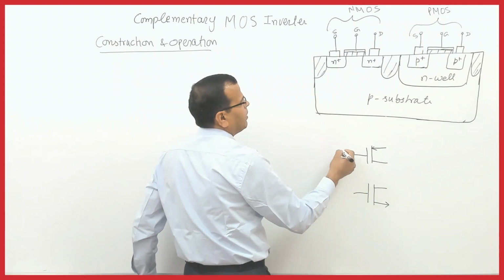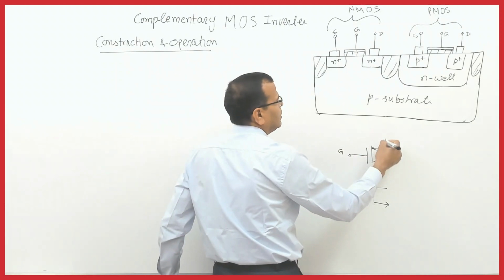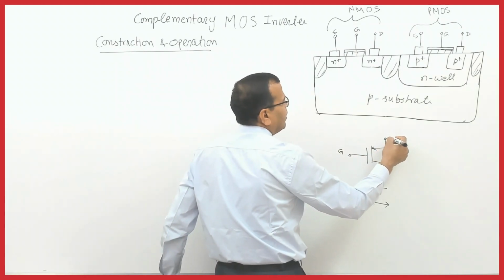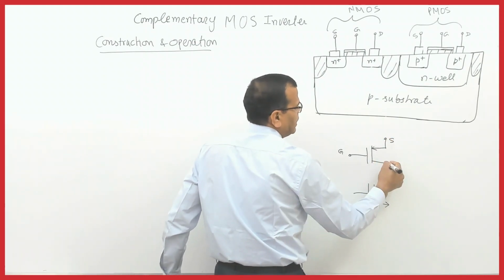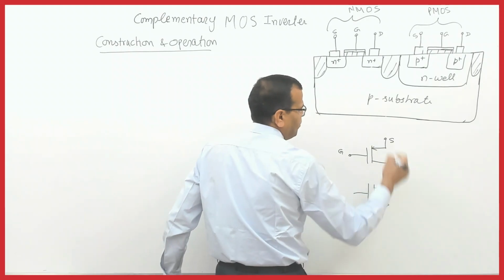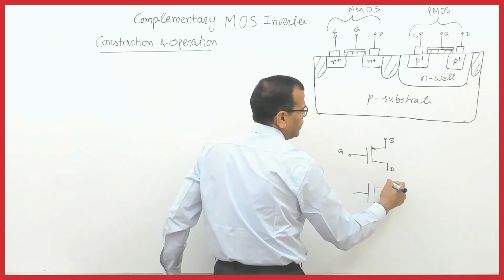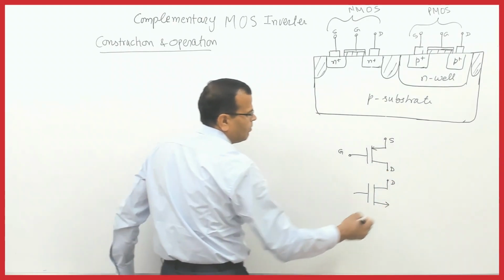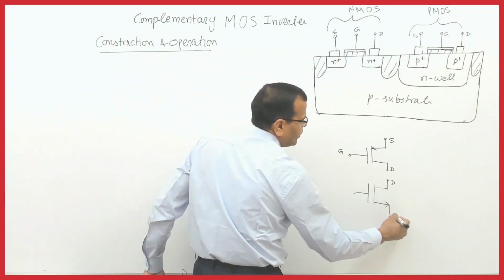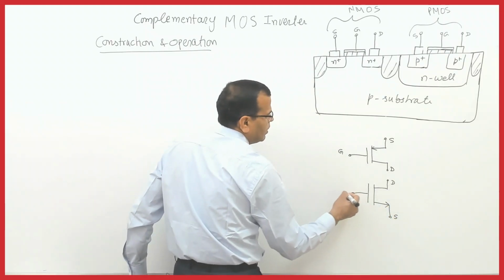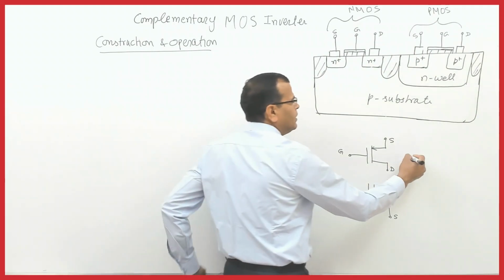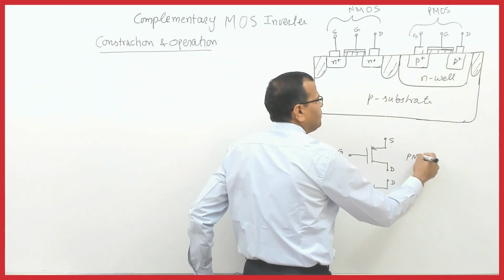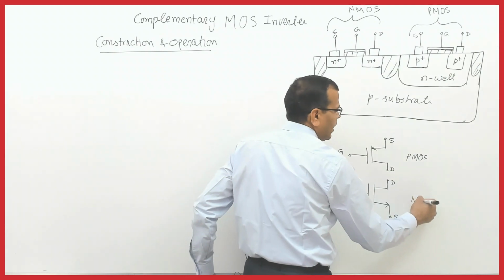This is the gate terminal of PMOS. This is the source terminal of PMOS. This is the drain terminal of PMOS. This is the drain terminal of NMOS. This is the source terminal of NMOS. This is the gate terminal of NMOS. So this is PMOS, this is NMOS.